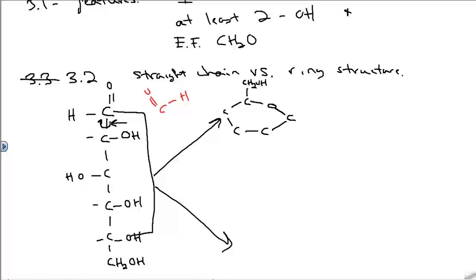So depending on where it was when it bonded here, that would place this oxygen, that oxygen, which is going to come off this carbon. It'll either come off of it in the upward direction, or if we do the other one down here, it will come off in the downward direction.